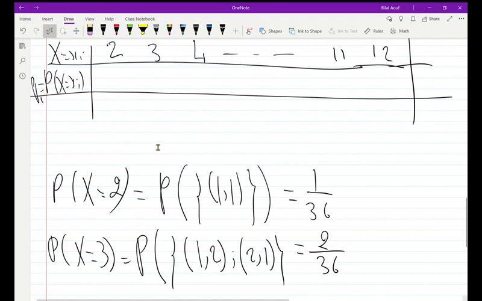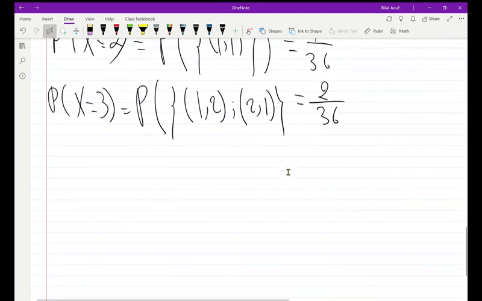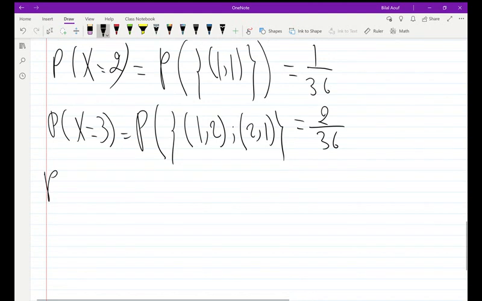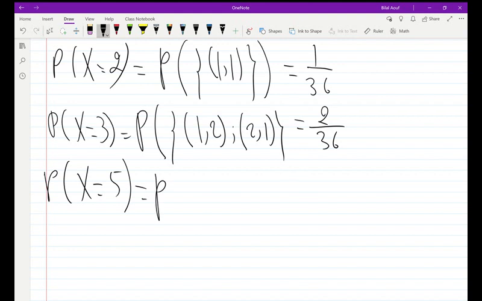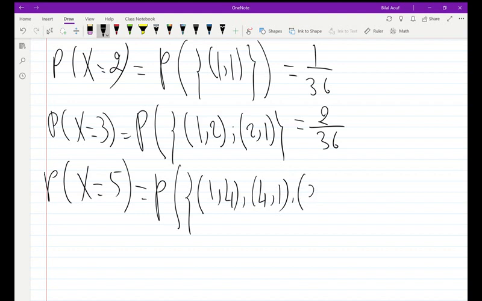I do the same thing for all the values. For example, let me say X equal 5. So what is the possibility to obtain 5? To obtain 5 is the set 1, 4 or 4, 1. Anything else? Yes. 3, 2, 2, 3.